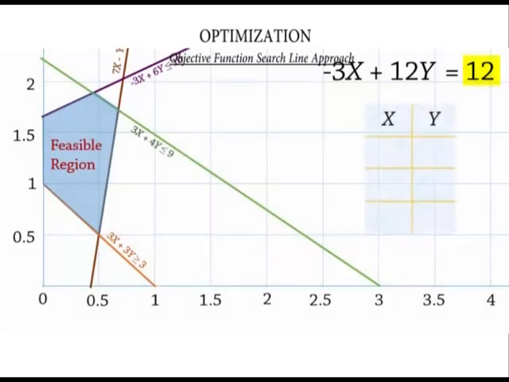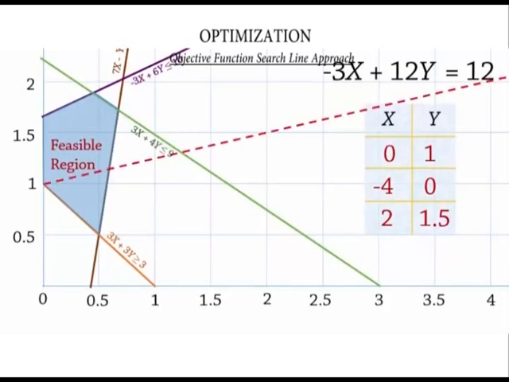We draw that line. When x is 0, y will be 1, and when y is 0, x will be negative 4. Because of this negative 4, which is not in my graph, let's have one more point. When x is 2, y will be 1.5.